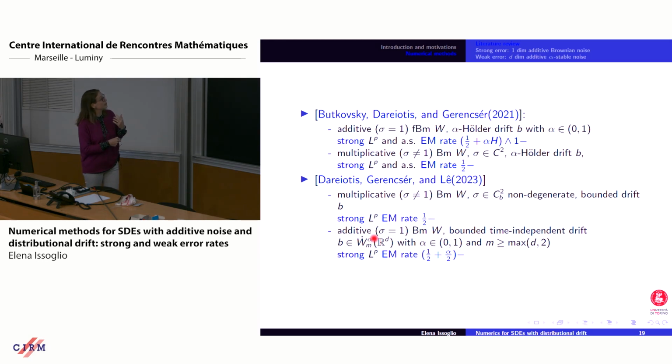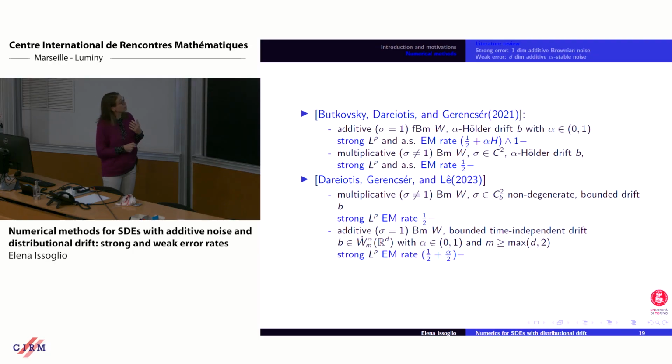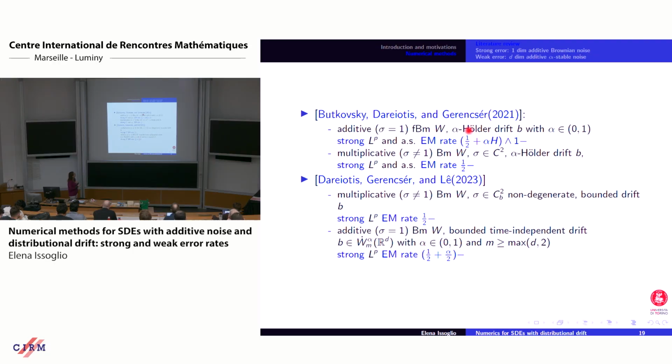They are in a Sobolev space, and what comes out is a rate of the form 1/2 plus alpha half. Also here, this is fractional Brownian motion, so plus alpha times H, minimum 1. And with the multiplicative noise instead, the rate is a bit less. Well, this is expected, so it's 1/2. The alpha doesn't appear here.